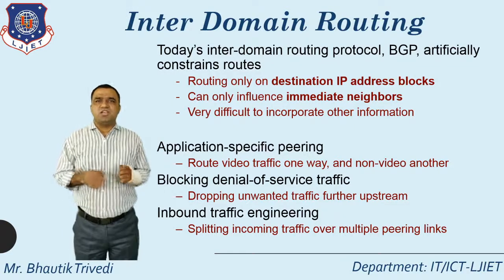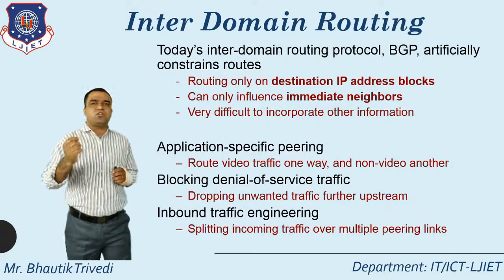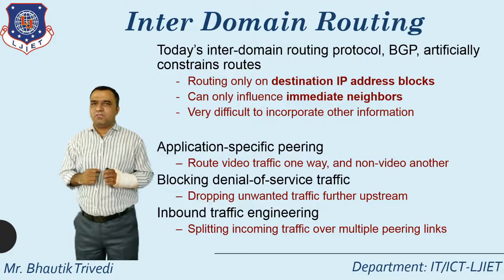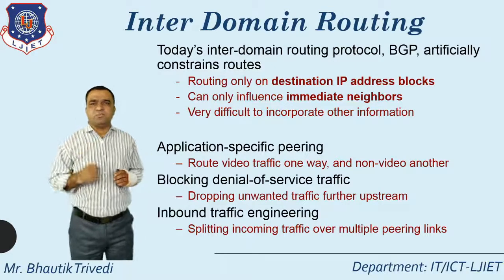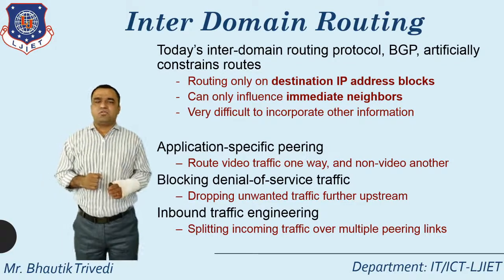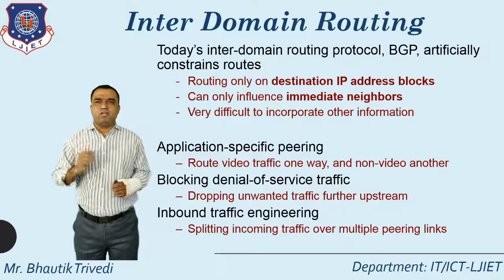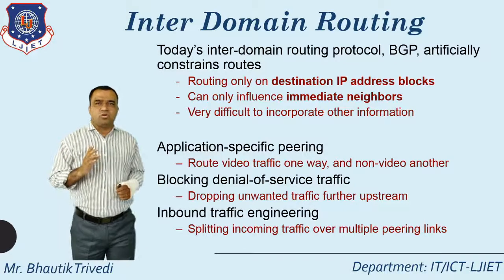Anyone know the names of the intra-domain and inter-domain routing protocols? The inter-domain routing protocol is BGP, the Border Gateway Protocol, and the intra-domain routing protocols are RIP and OSPF, examples of intra-domain routing protocols.